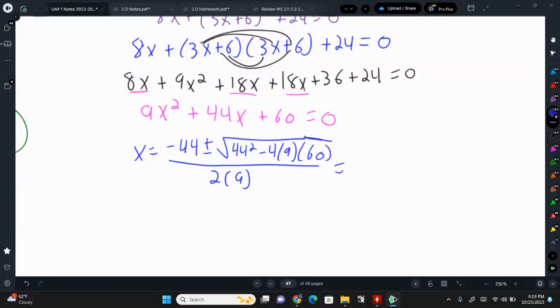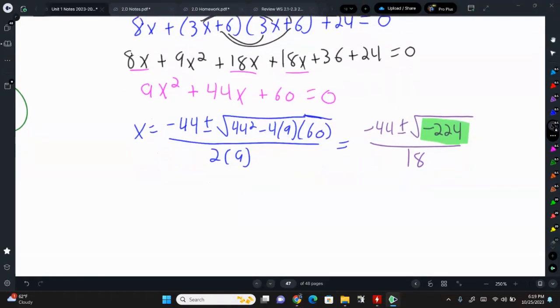So we type that discriminant into the calculator, and we get negative 44 plus or minus the square root of negative 224 over 18. Well, because we have a negative discriminant, that tells us that we don't have any real solution. So these lines will never intersect. So no solutions.